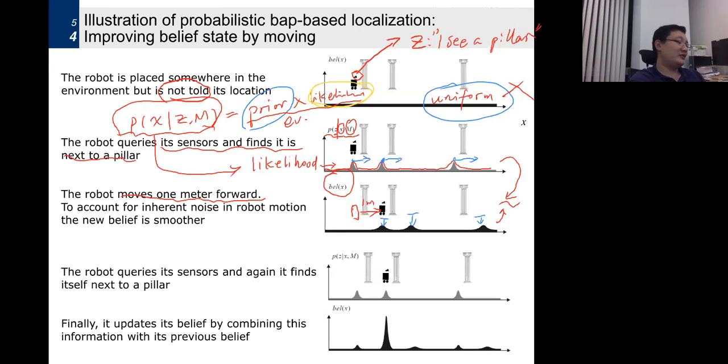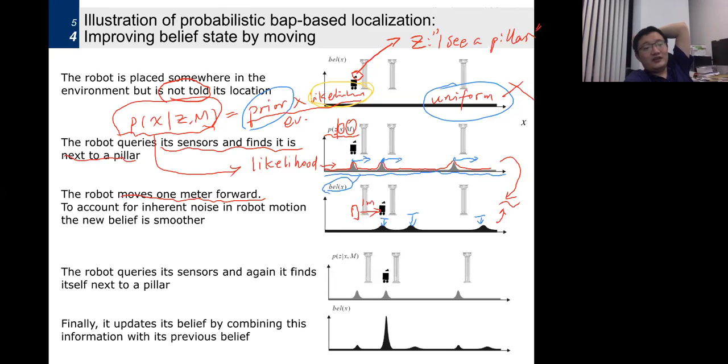Mathematically, previously we have a belief with exactly the shape of the likelihood, because likelihood times uniform, normalized, is still the shape of the likelihood. Then we move 1 meter forward, the peaks drop, and they move 1 meter to the right.